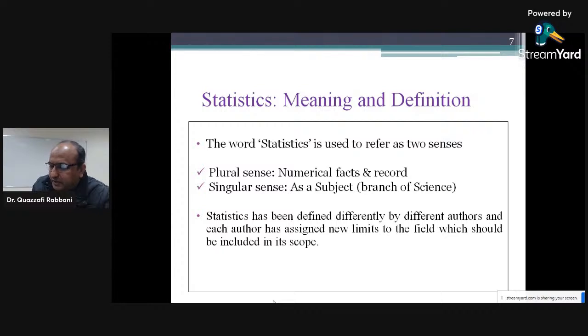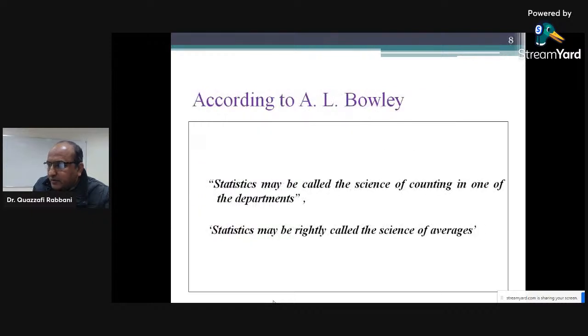Statistics has been defined differently by different authors, and each author has assigned new limits to the field which should be included in its scope. So there are many different statisticians who define statistics in different aspects. Here are some of the definitions.